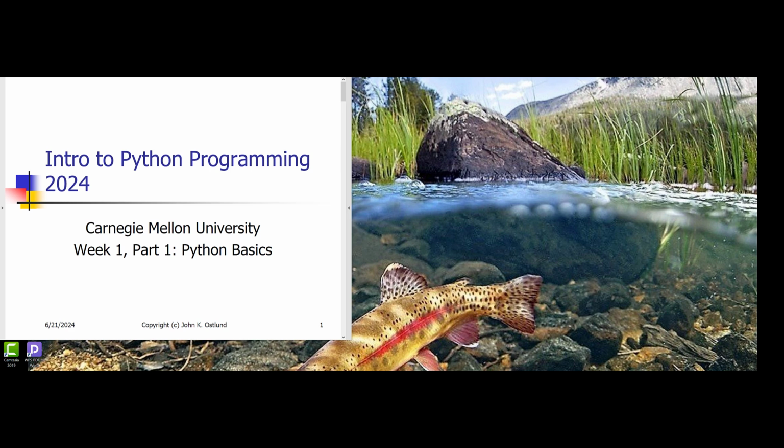Many of these videos were recorded during the summer of 2020 when we were using Python 3.7. Now in 2024, we are using Python 3.11 with Anaconda 2024.02. There are very few differences between Python 3.7 through 3.11, at least at the level of this course.